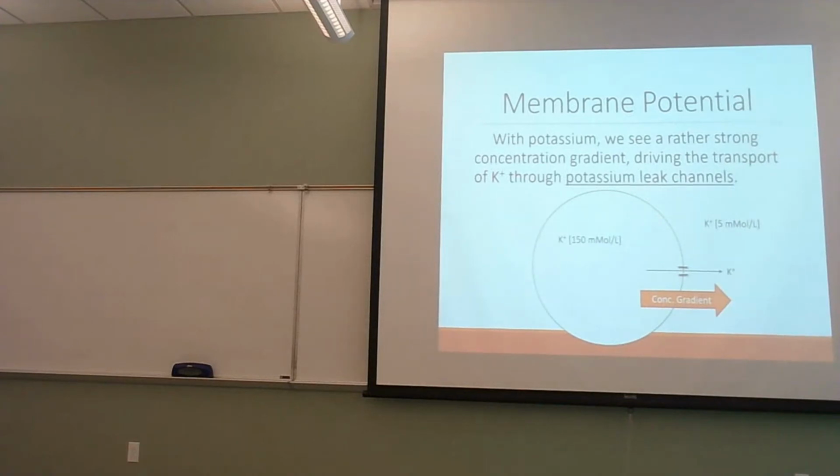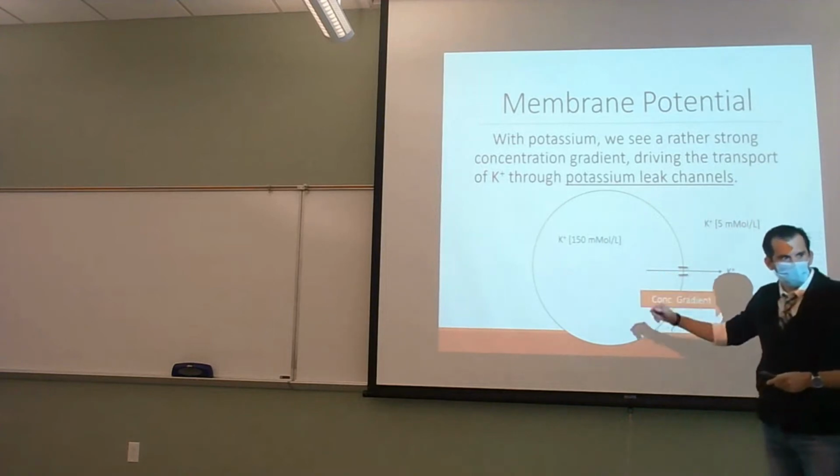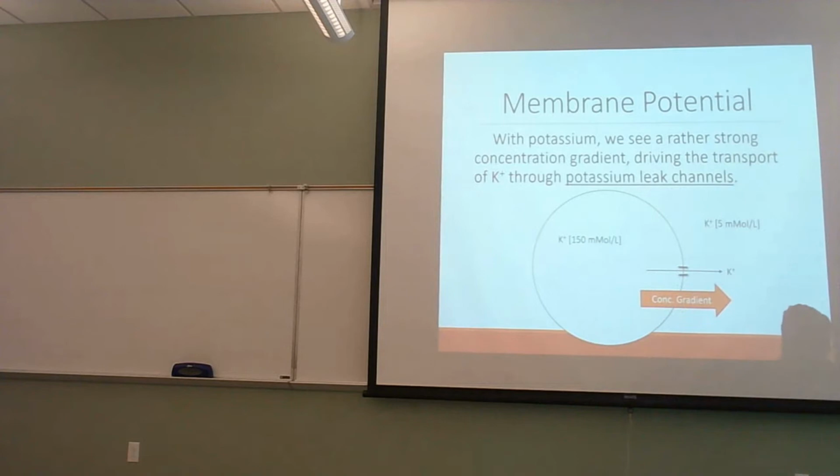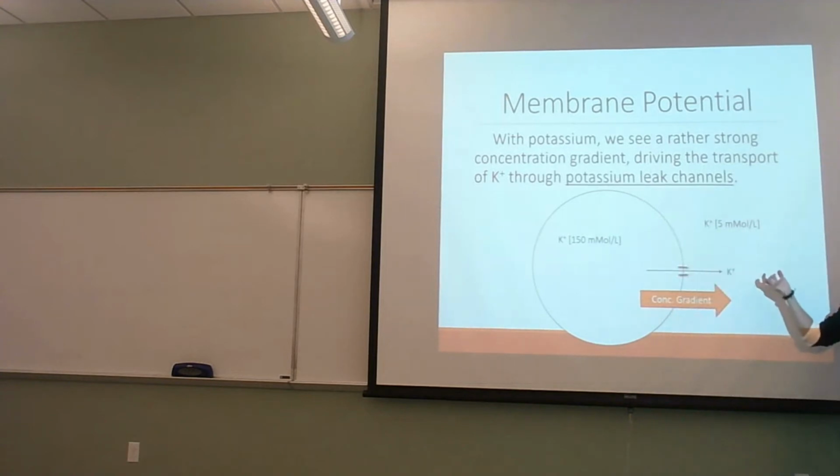Potassium leak channels. Now, how did the potassium get in that cell in the first place? How did we create a high concentration of potassium inside? What pump did we mention? Sodium-potassium pump. We're pumping potassium in, it's leaking back out.